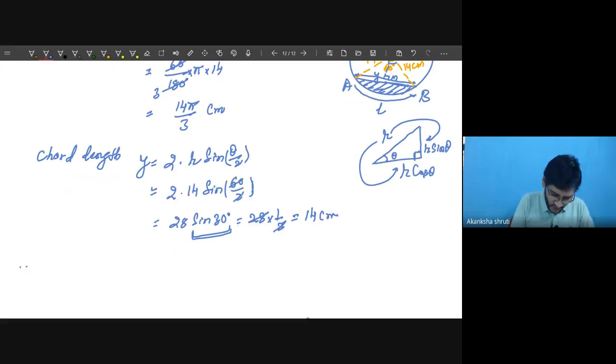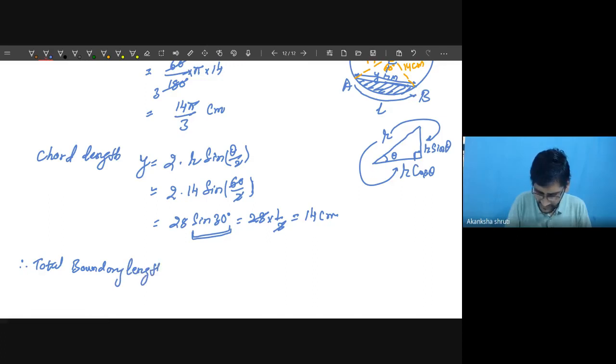Therefore, what is the total boundary length? Total boundary length is equal to y plus L. The y we have calculated is 14, plus L we have calculated as 14 pi by 3. 14 may be taken out, students.